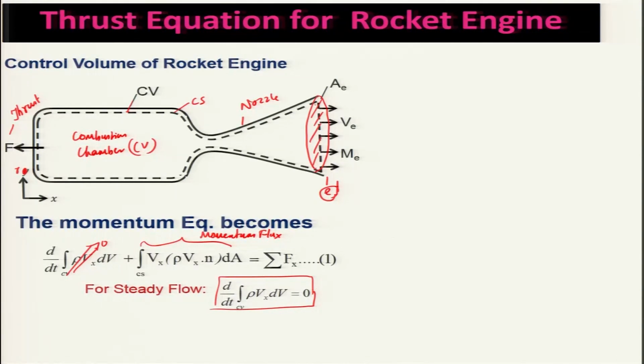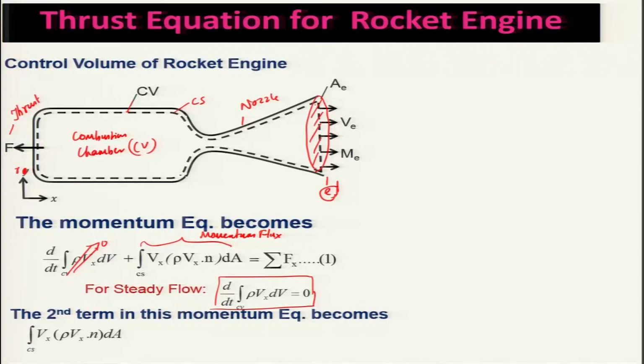And if you look at the momentum flux, the second term, it is the integral of V x, the velocity along the x direction, and rho V x, where rho is the density.